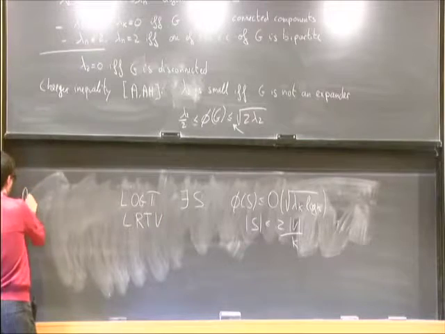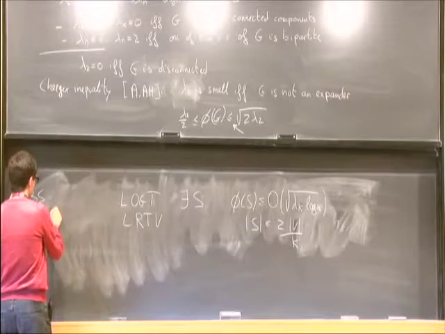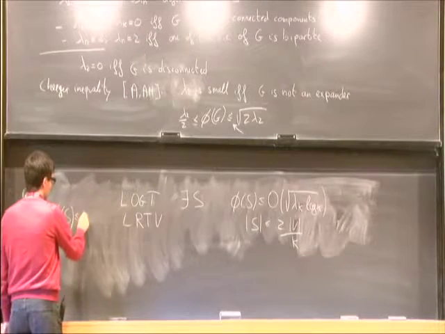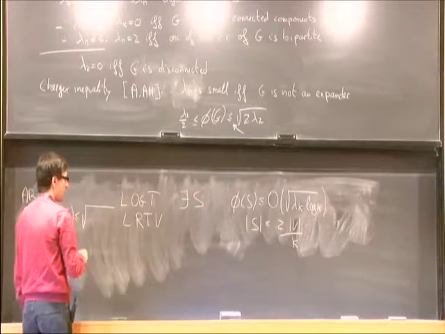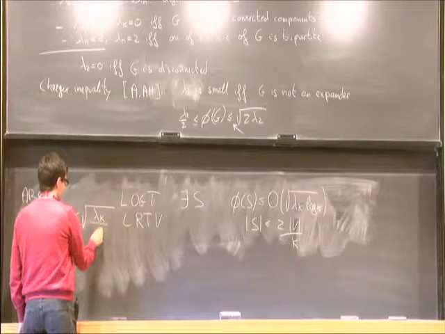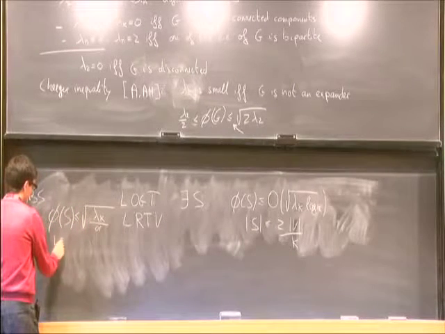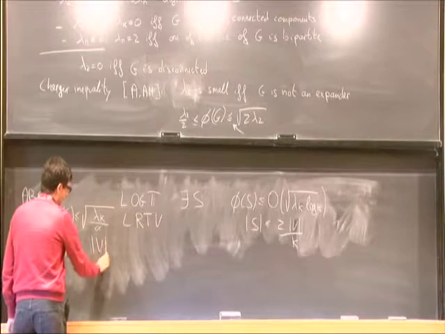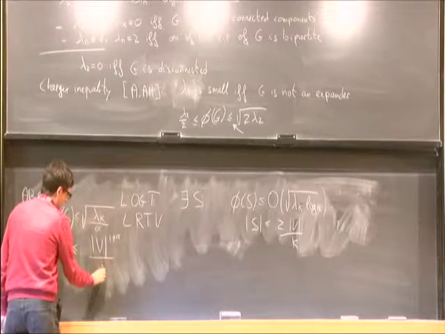And in Oveis Gharan, Lee, and Trevisan, they have a set of expansion, let's say, square root of lambda k over alpha and size at most number of vertices to the 1 plus alpha divided by k.